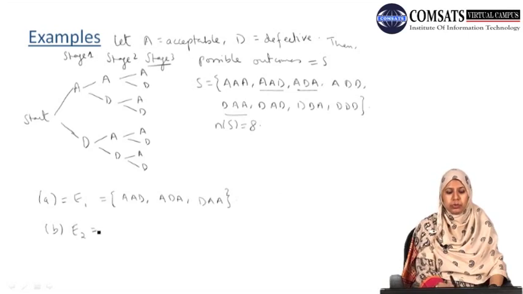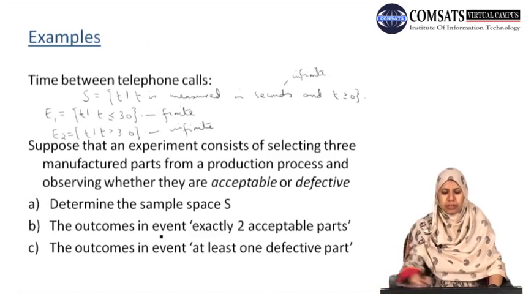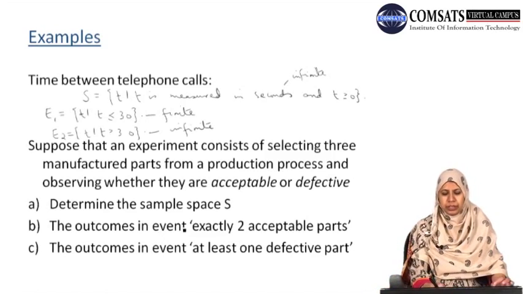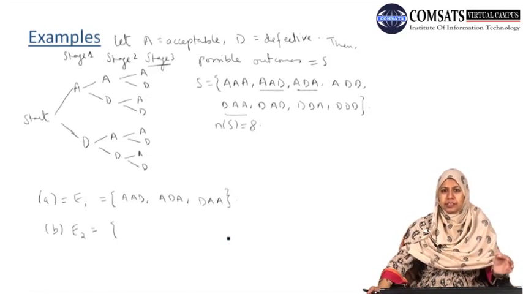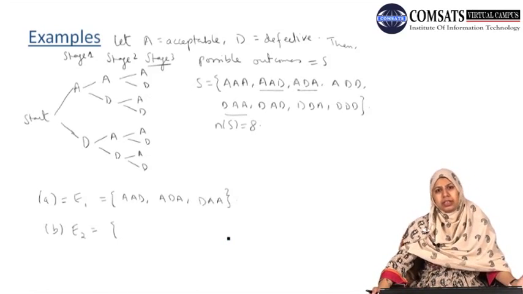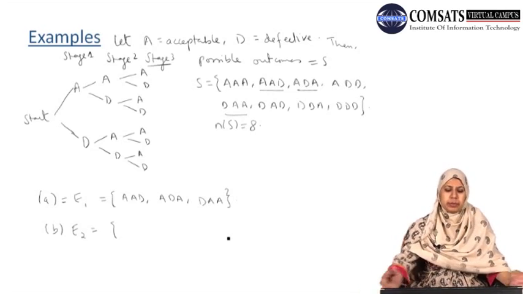Second event E2 is required to ask the outcomes with at least 1 defective part. That is, at least 1 part should be defective, which means that 2 parts defective is also acceptable, all the 3 parts defective is also acceptable.